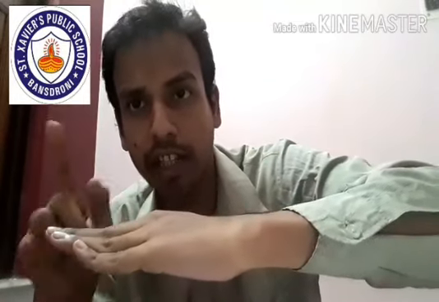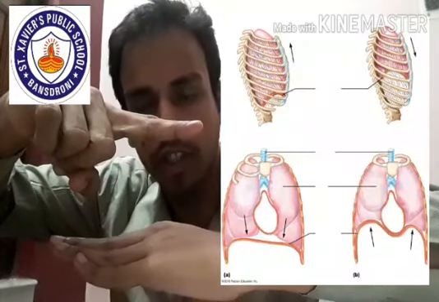Suppose the diaphragm position is like this, and it is associated with the rib cage, with the lungs in between them. So the diaphragm moves a bit downward in case of inspiration. The diaphragm moves from its original position to this position.